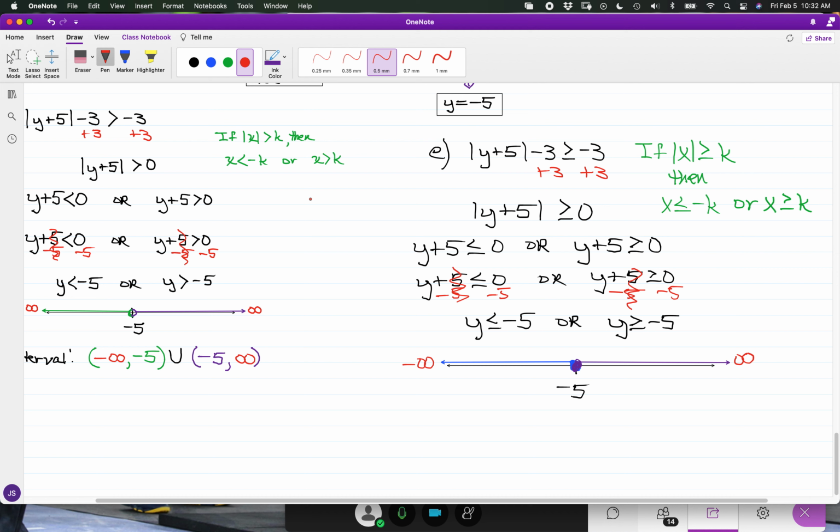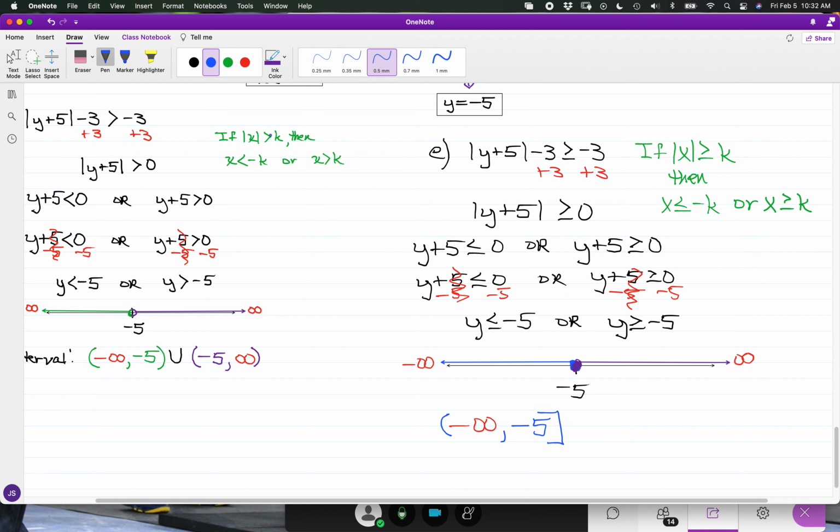And just to give you a little idea of what's going to happen here, for y is less than or equal to -5, we have starting from -infinity, and approaching and including -5, and the -5 we have bracketed.